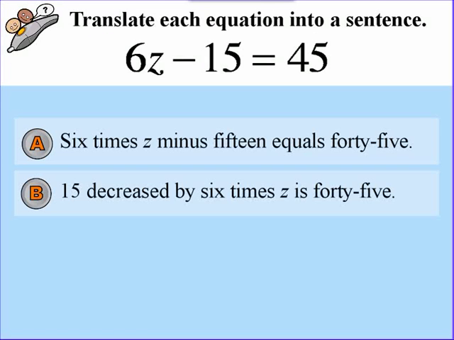Okay, translate this into a sentence. You have two choices: 6z minus 15 equals 45. If yours turned off, just turn it on. Go ahead, 50-50, let's see how we do.